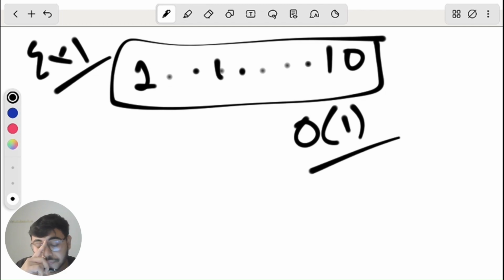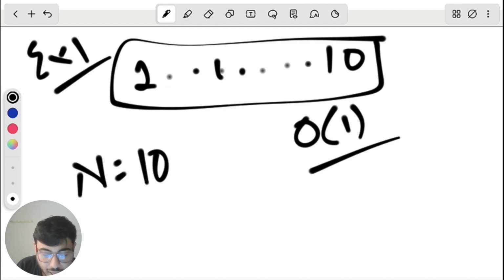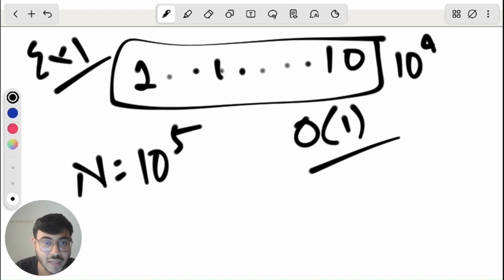Another thing: whenever your loop is working for a fixed number of steps, it's always order one, unless the limit is comparable to the size of input. Let's say n is 10 power of 5 and your loop was working for 10 steps, then it will be order one. But let's say your loop was working for around 10 power of 4 steps always, then n is comparable to the actual number of steps in the loop.